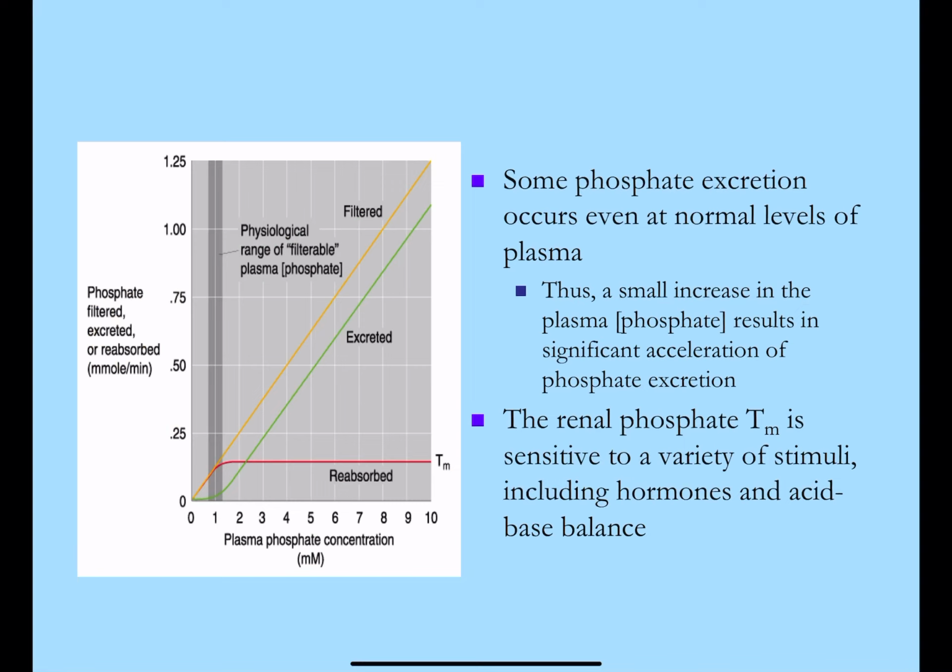This TM number really has to do with the hormone control and also acid-base balance. Again, acid-base balance has to do with potassium and, of course, hydrogen ions, that's for sure. Hydrogen, bicarb, but the secondary players are potassium and also phosphate ions. And this can be regulated because of the acid-base changes.